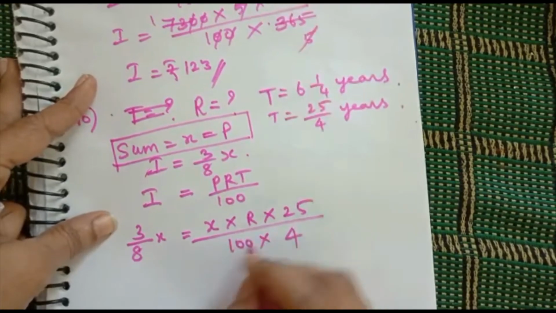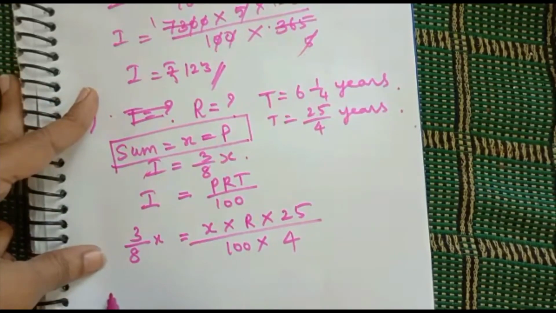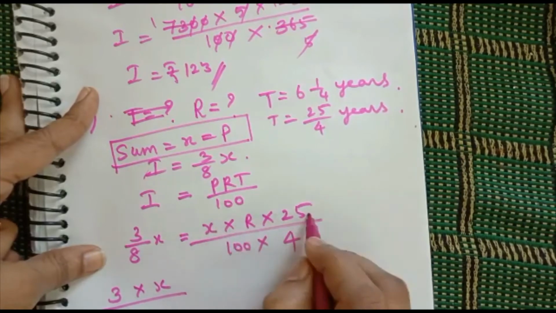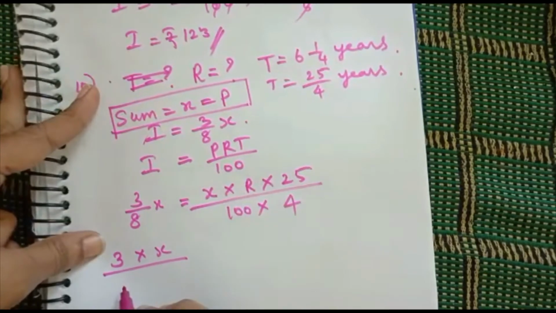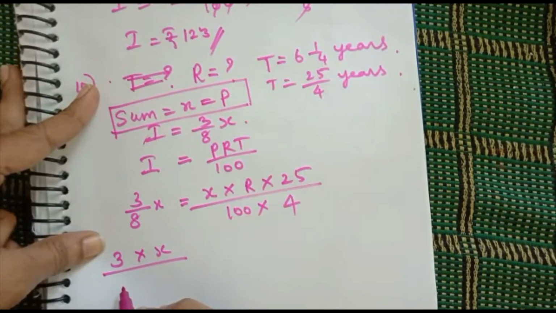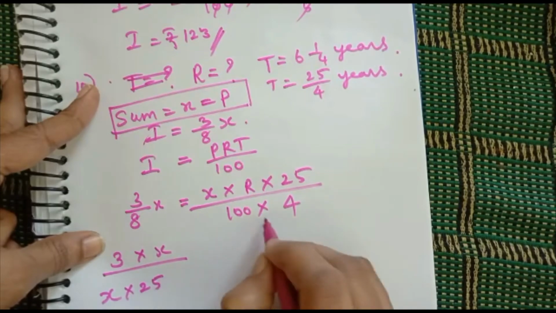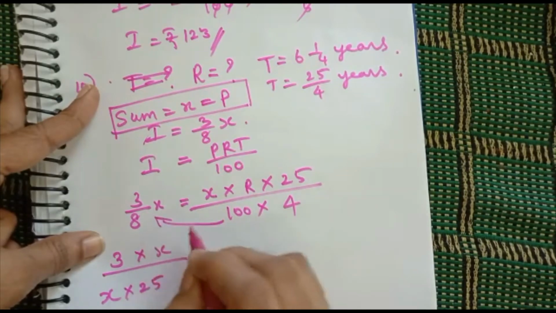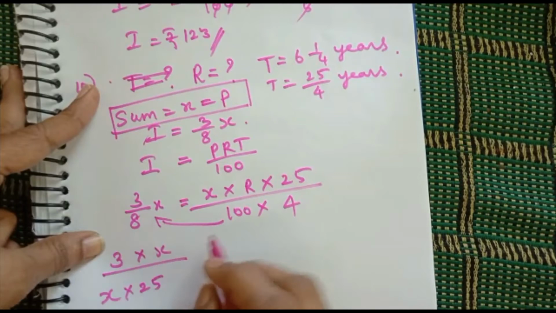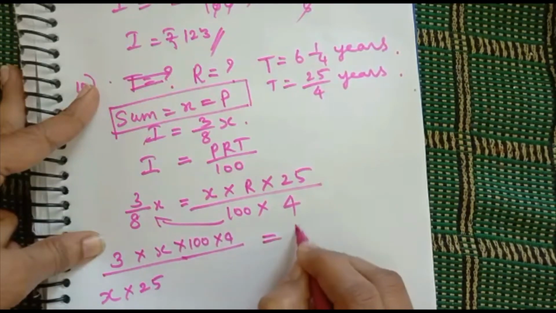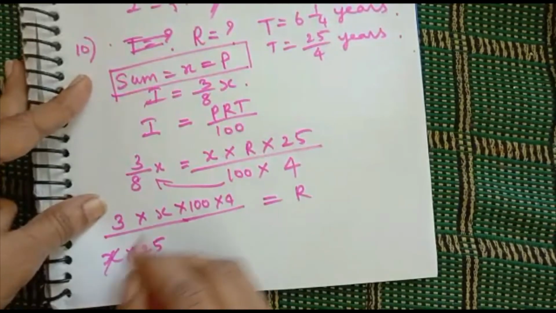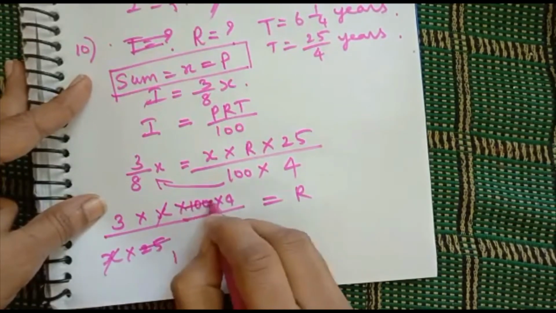Is it clear? So students, listen, here 3 into x by, you see, the numerator, if it moves to the right hand side, becomes the denominator. So here x into 25, and the denominator, if it moves to the left hand side, becomes numerator. So into 100 into 4 is equal to R. Just cancel it. 1 25 is 25, here 4.